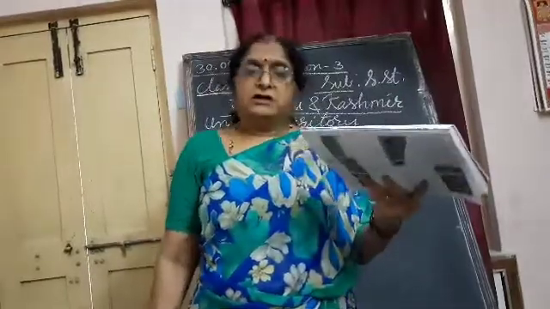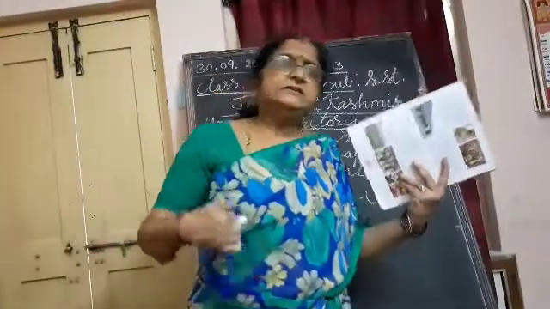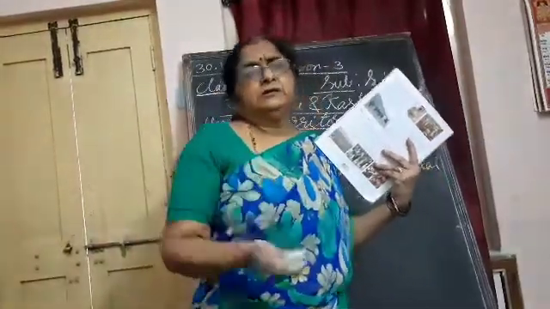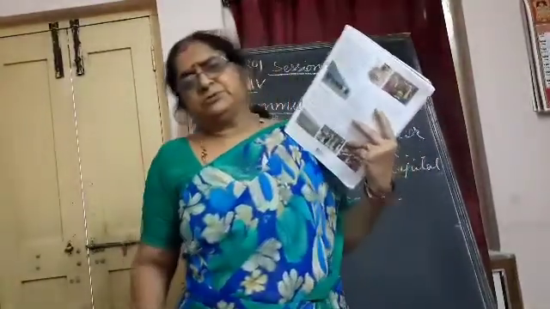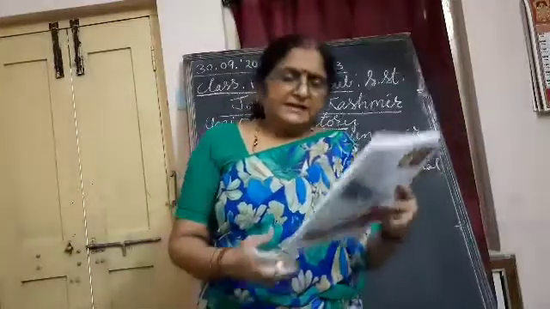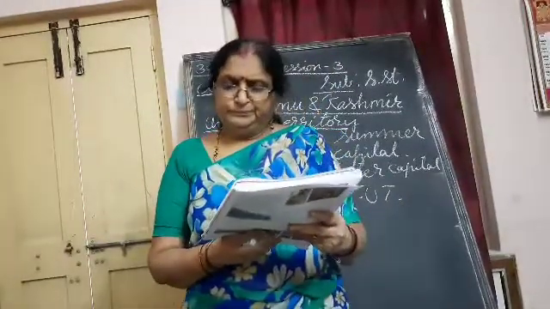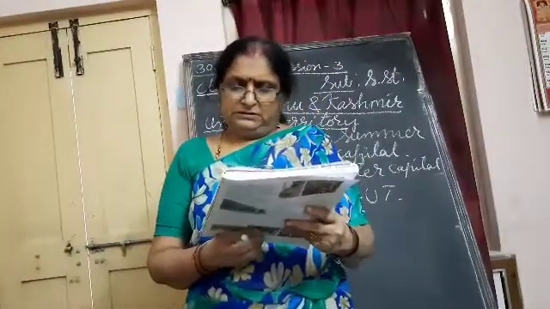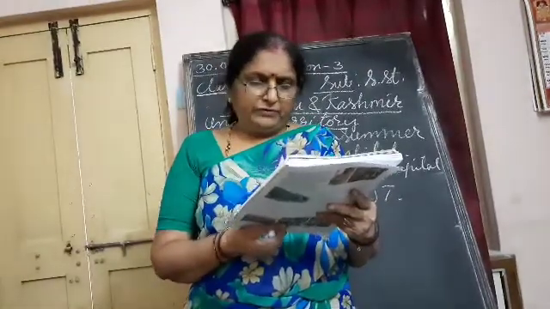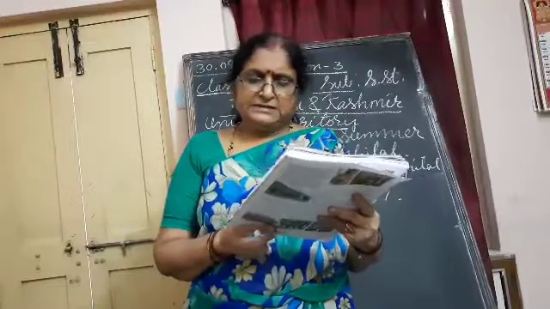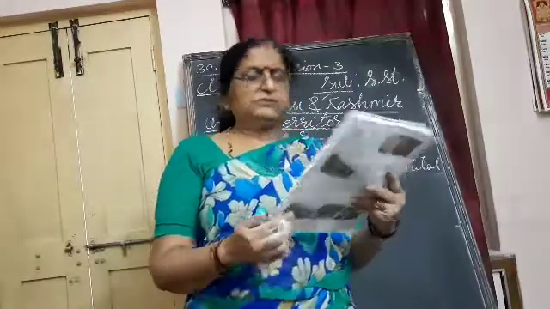Shikaras are small boats which people of Kashmir row here to sell flowers, vegetables and fruits to the people who are staying in these houseboats. Understand? So we can say the beauty of houseboats and shikaras are the prominent features of tourism.